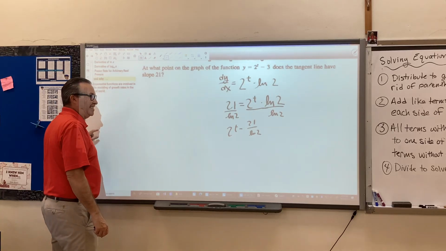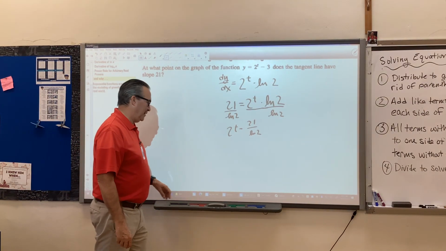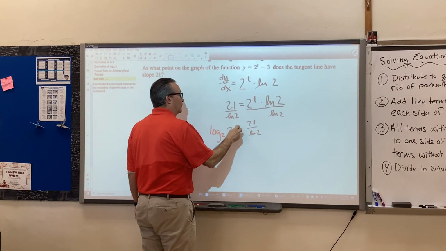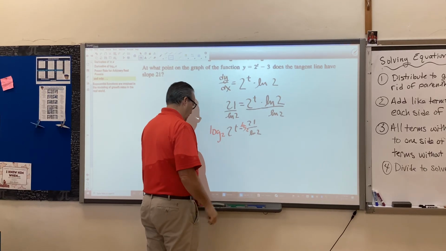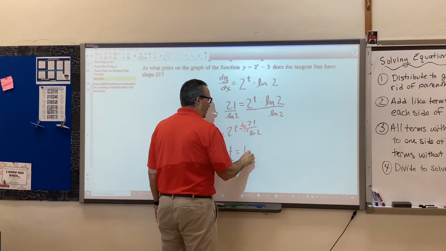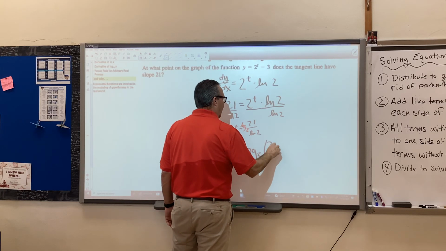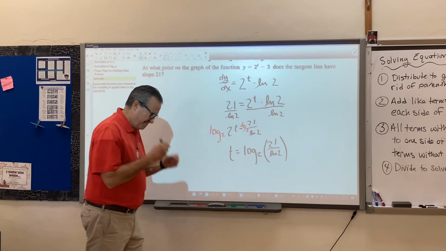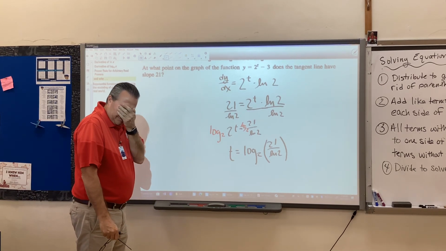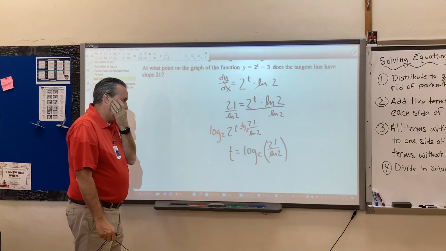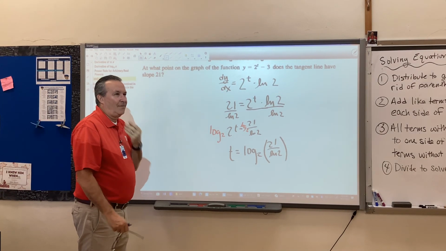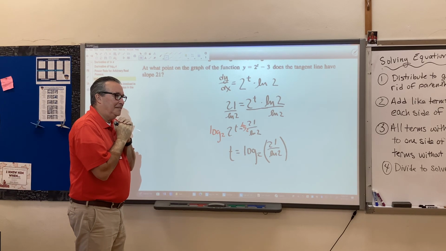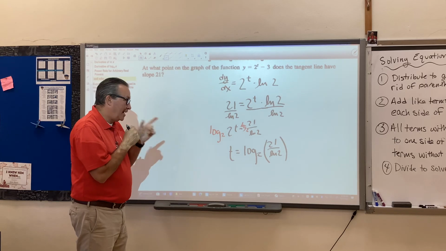How do I solve for t? Log base 2 of both sides of the equal sign. T equals log base 2 of 21 over natural log of 2. That's the answer.